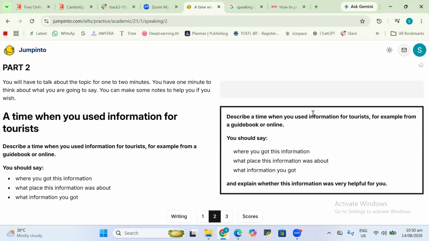Place yourself as a tourist guide, and you have to guide your tourists, and how you get that information from online or a guidebook. So I think that's what it is asking for.